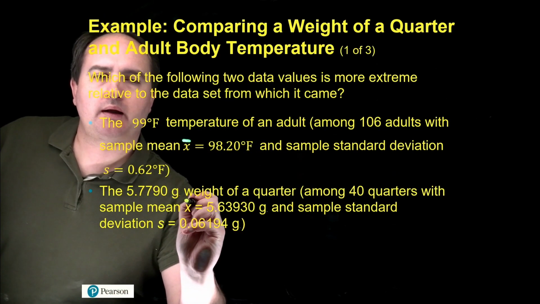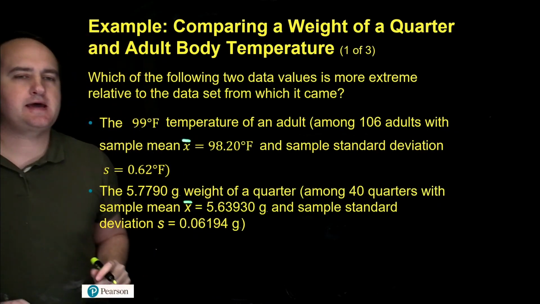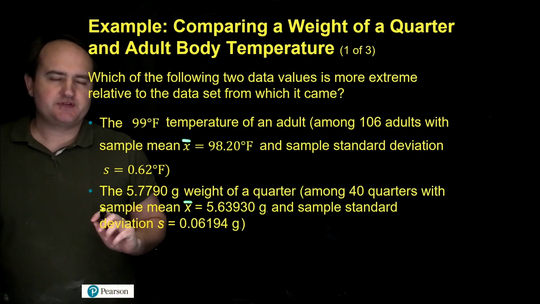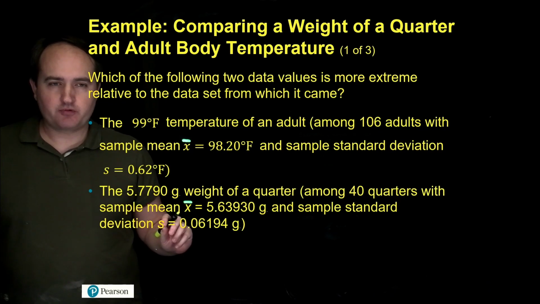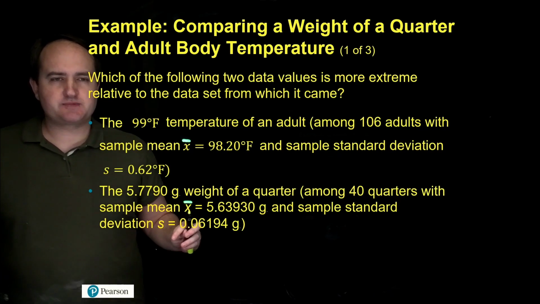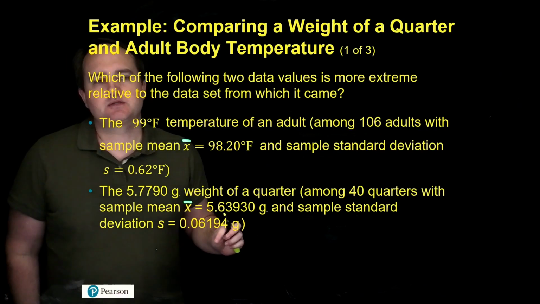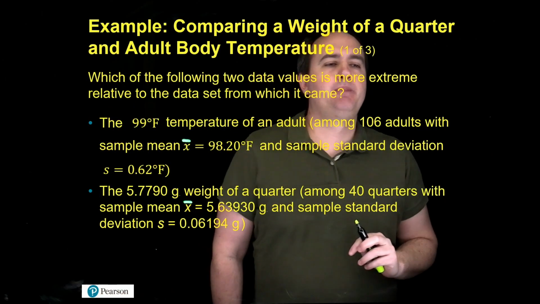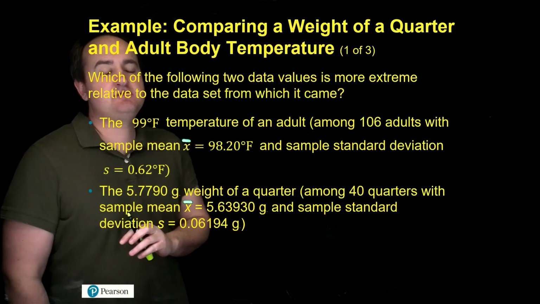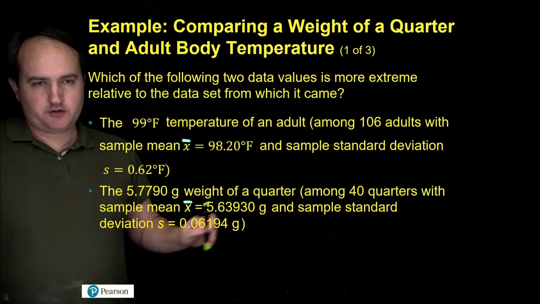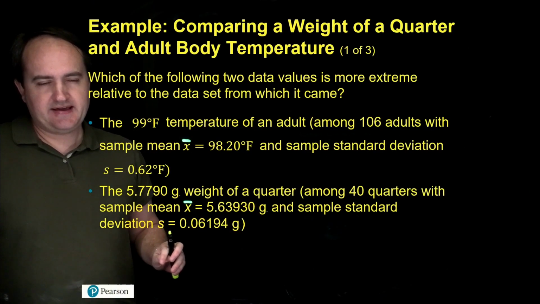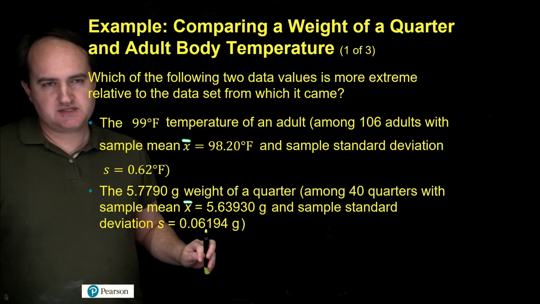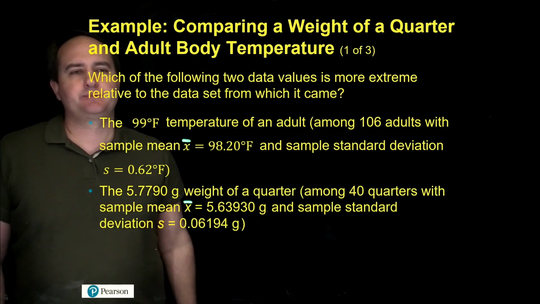The sample mean is supposed to be x bar for the formula. So x bar here is 5.63930 grams, and the sample standard deviation for quarters would be S equals 0.06194 grams.